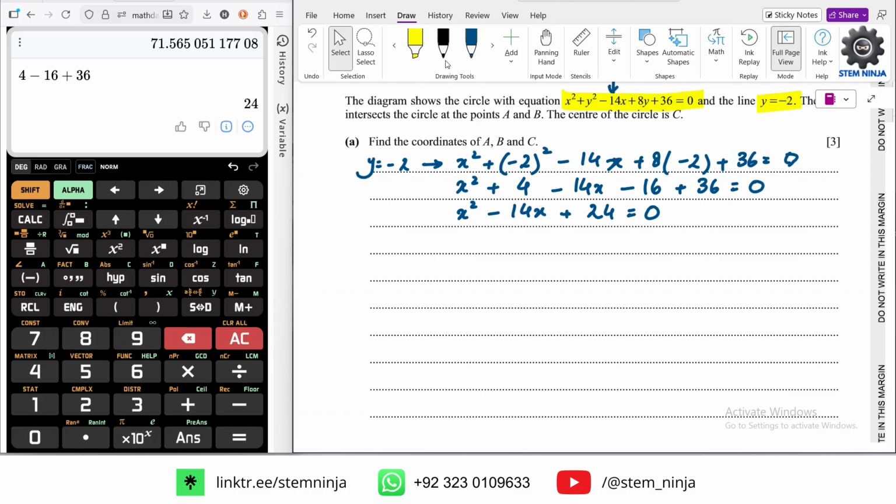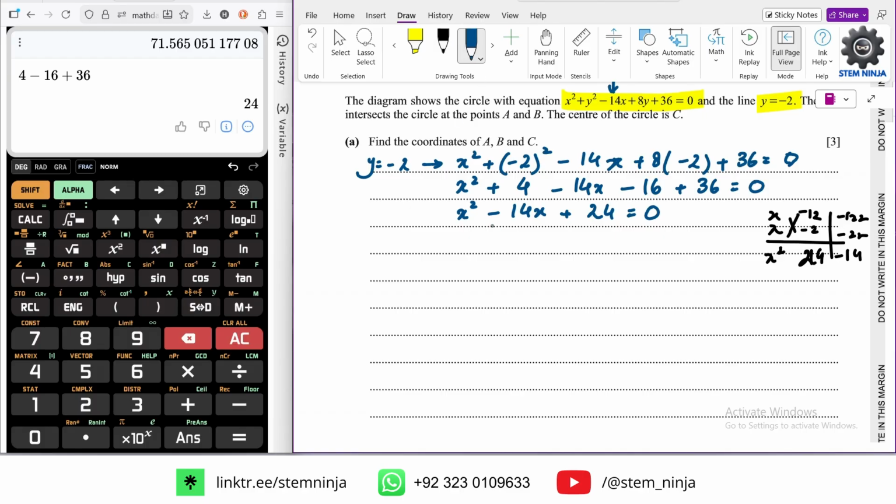As you can see, it's the combination of 12 and 2 that can get us this thing. So 24 and then minus 14, so minus 12x minus 2x.